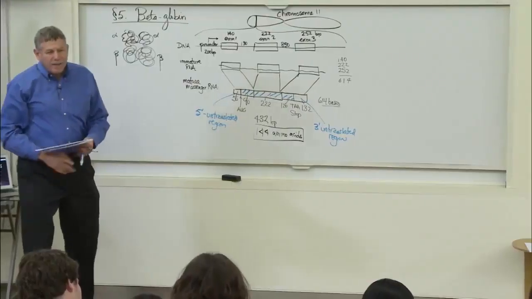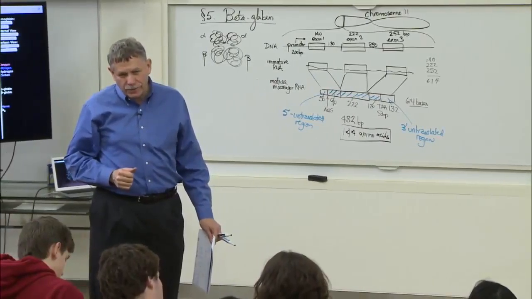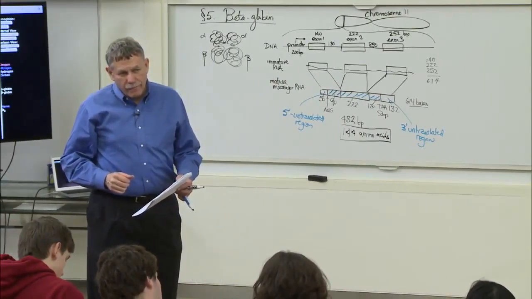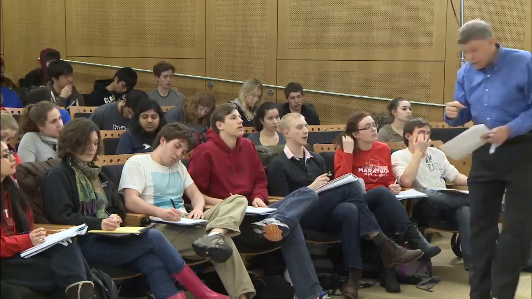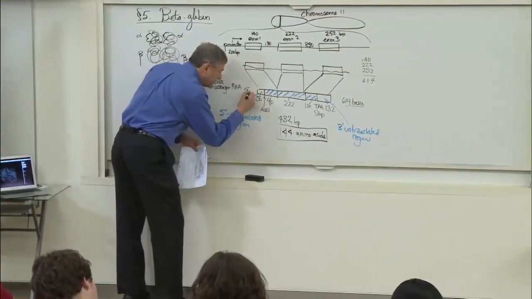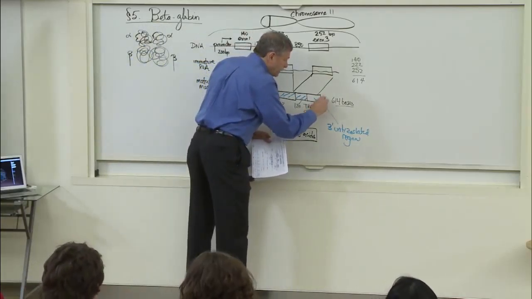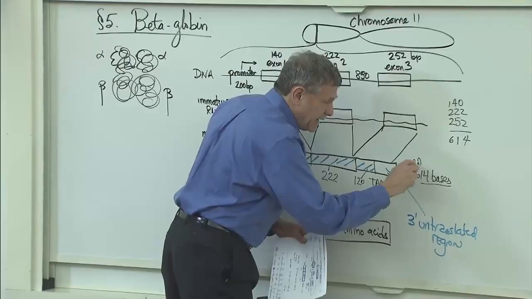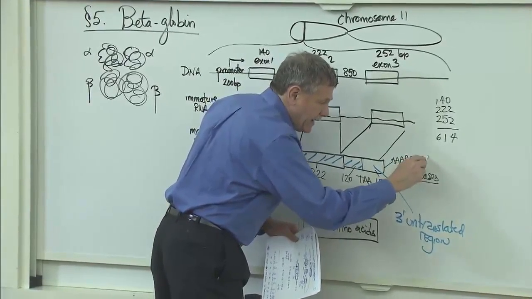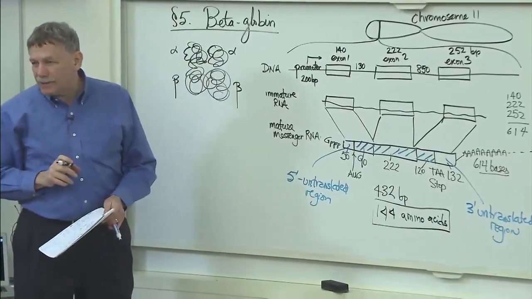Now, what happens at the end of the message? What did I say happens in eukaryotic messages? Poly A. Well, there's a cap at the front, a G cap up here, and there's a poly A tail that's stuck on at the end. How does the poly A tail get stuck on?